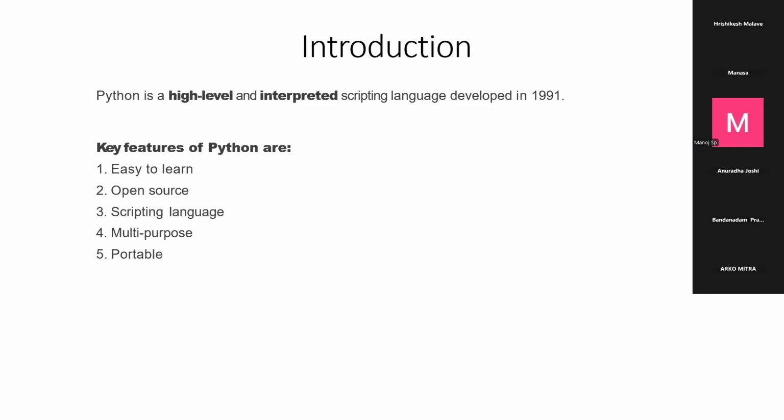There are certain packages like Pandas and NumPy, which are used for data processing or data analytics, right? So it's a comprehensive language and very extensively used in data analytics. It's very easy, portable, and it was developed in 1991.